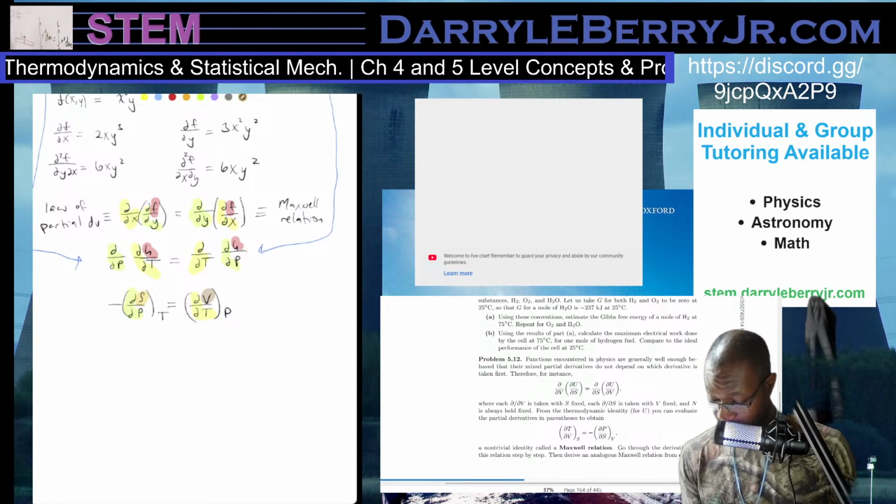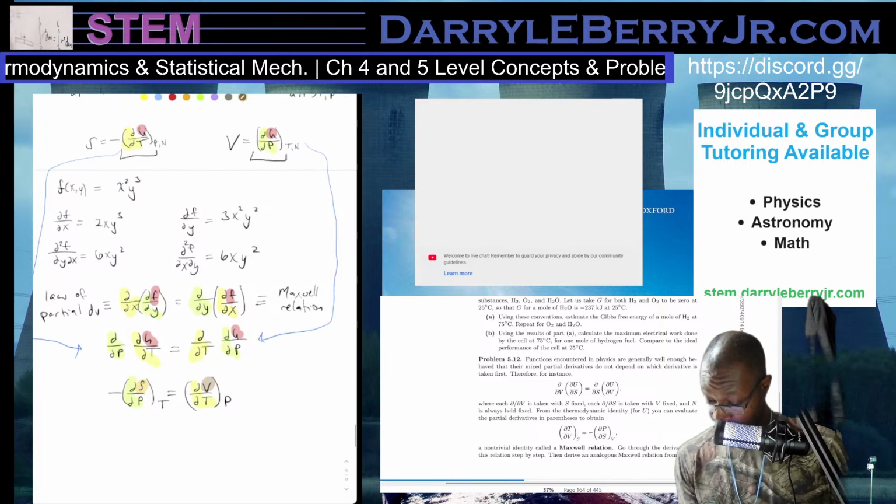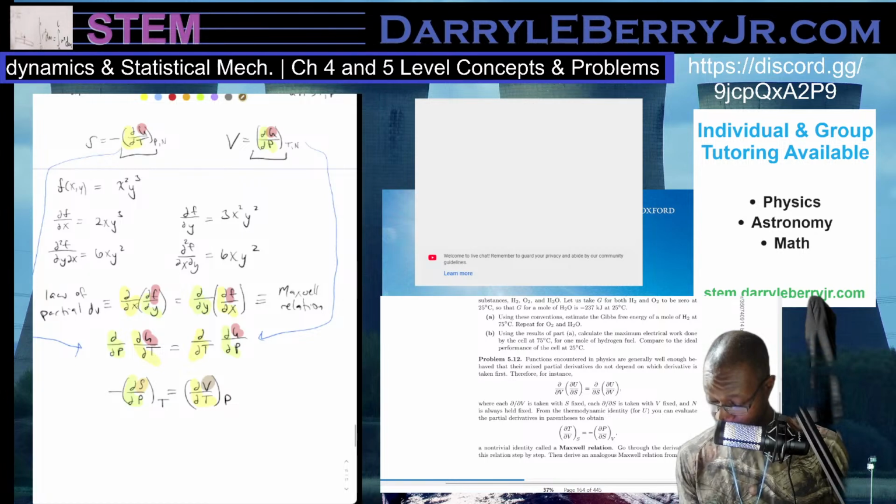We have still the partial p on the left. We have the partial t on the right. dg dt, negative s on the left. dg dp, v on the right.